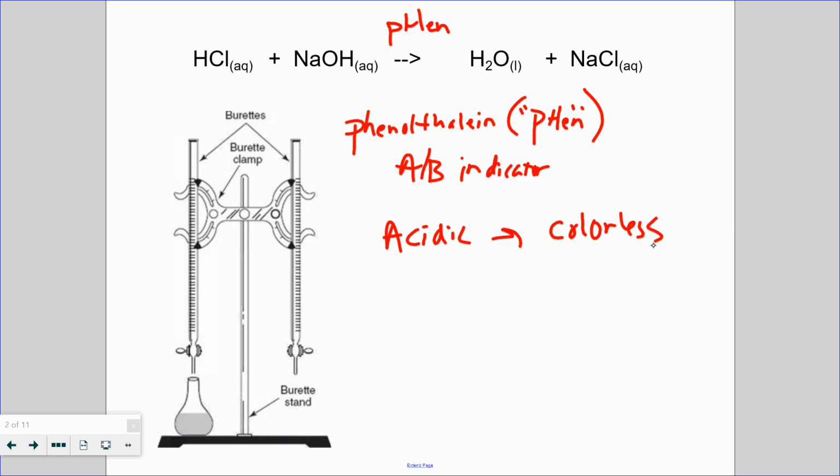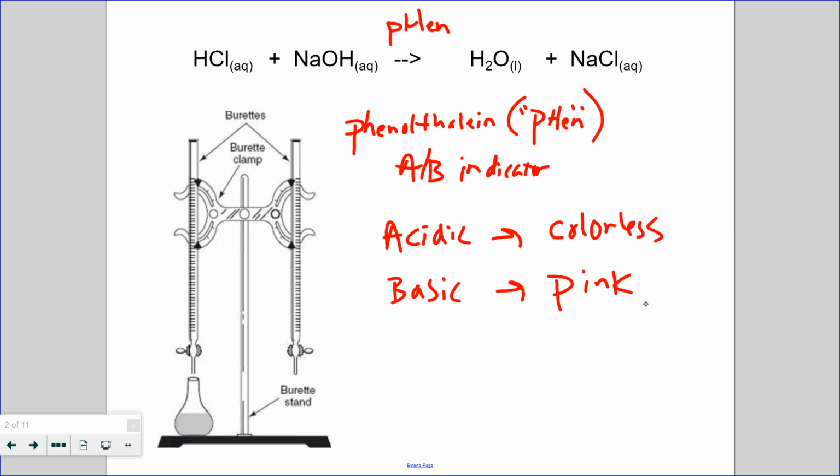You can't see it when the solution is acidic. When the solution becomes basic, then phenolphthalein becomes pink. And so it'll give us a visible clue when I've added in too much sodium hydroxide. Because when I've added in too much sodium hydroxide, then the reaction is going to become basic, right? Because I'll have extra sodium hydroxide in there.